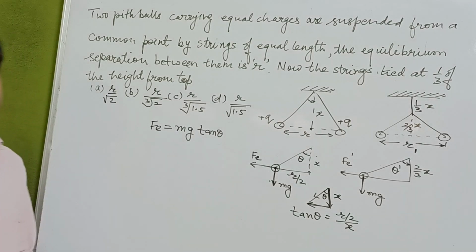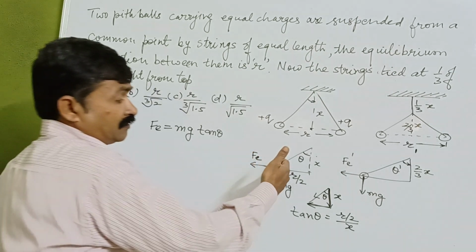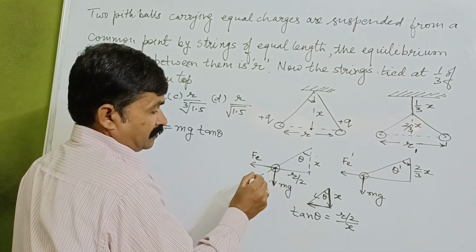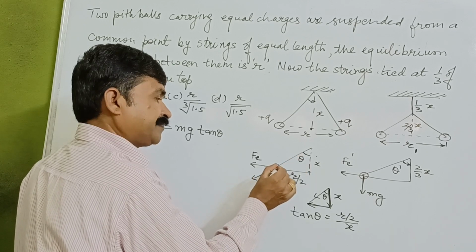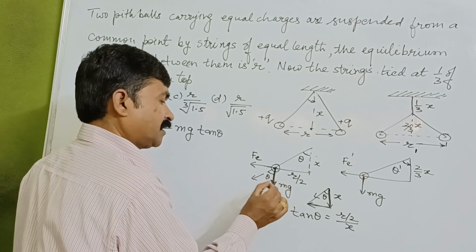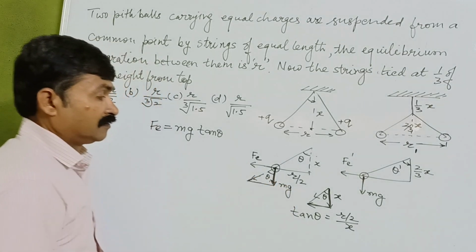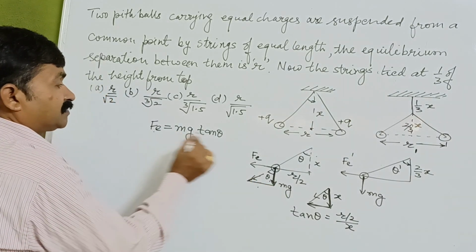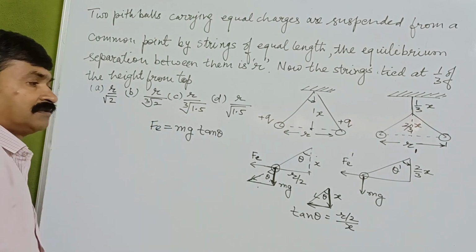Now why have we taken Fe equal to mg tan theta? If we take this angle and this angle, both angles will be the same. This is mg, and this will be Fe. So Fe is equal to mg tan theta, we can say Fe upon mg is equal to tan theta.